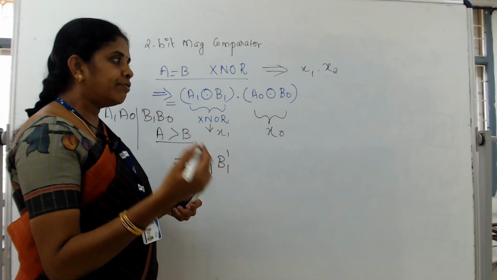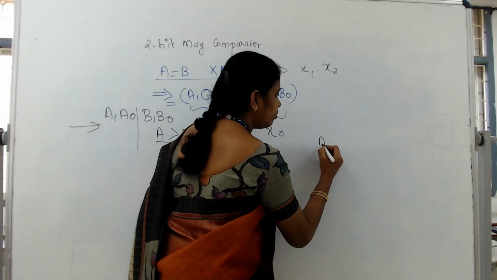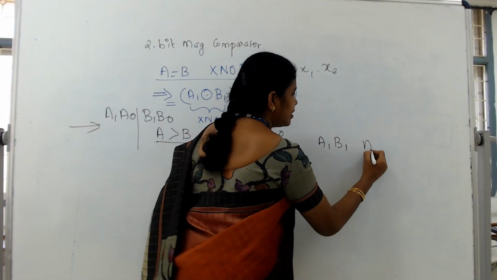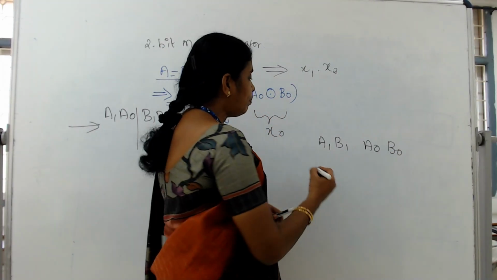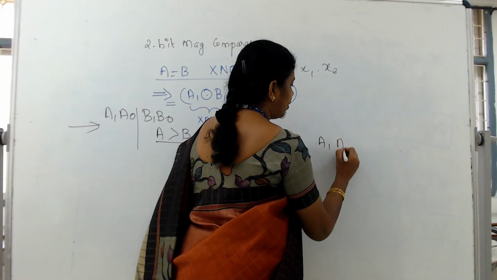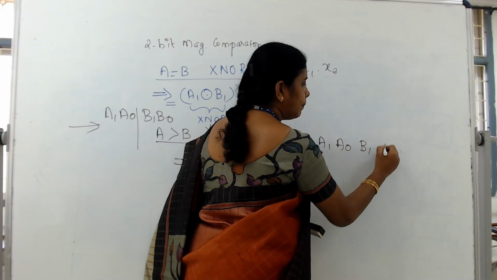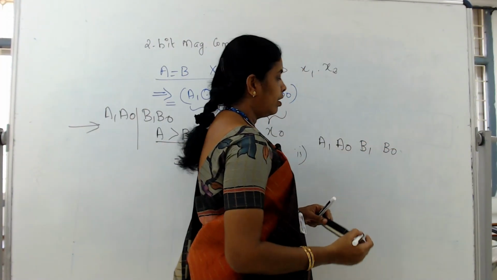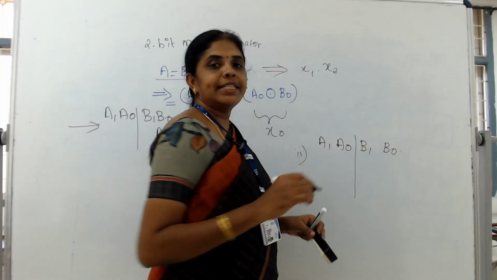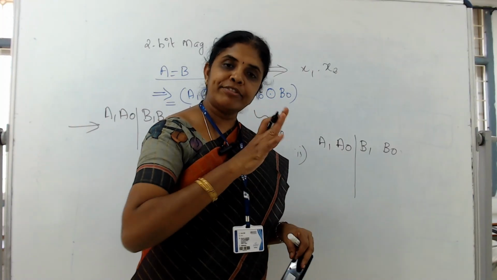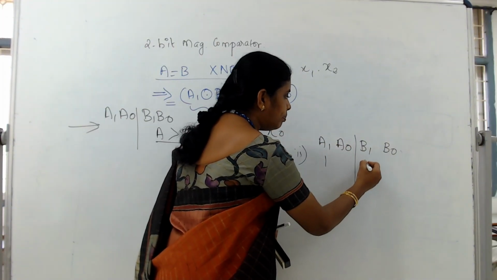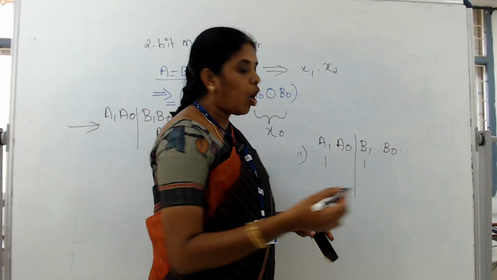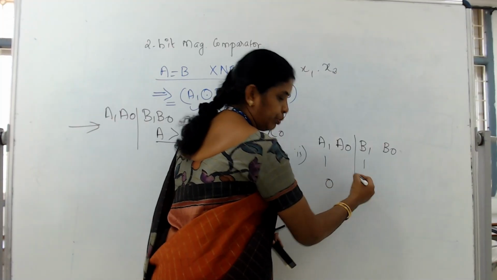The second case is, for example, A1, B1 and similarly A0, B0. So the second possible condition is A1, A0, B1, B0. As I have already said, scan from the most significant bit. So the most significant bits can be 1, 1 or 0, 0.